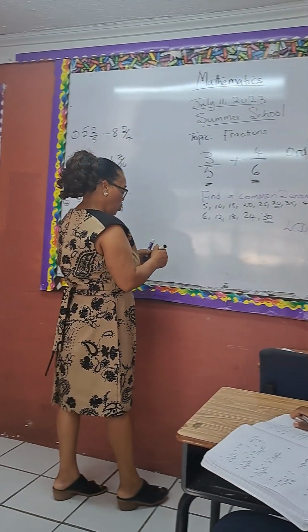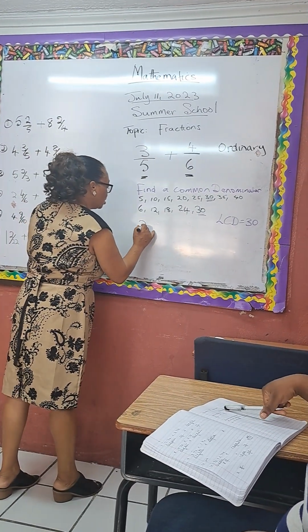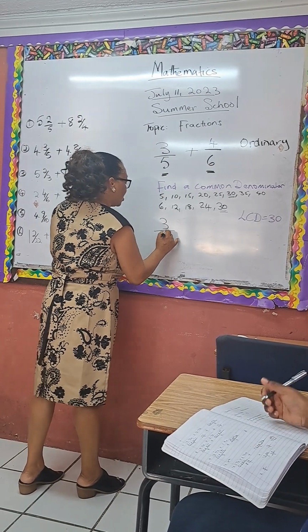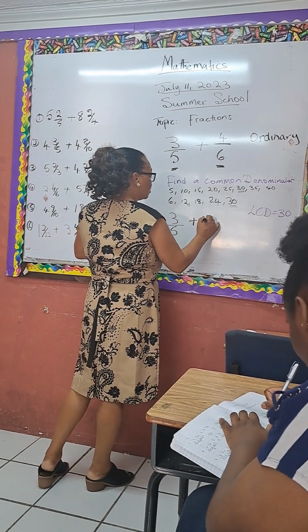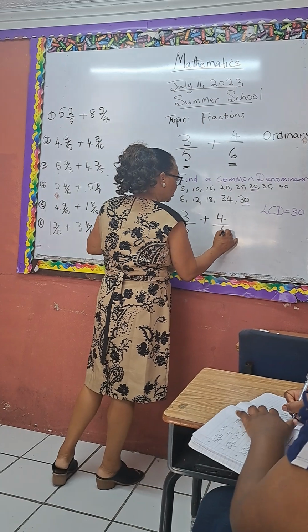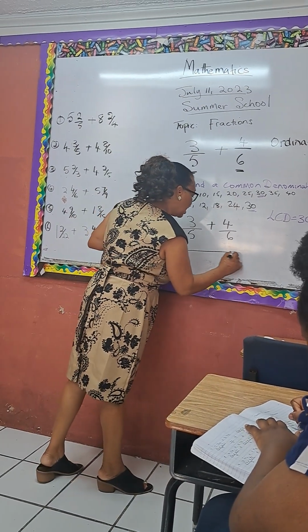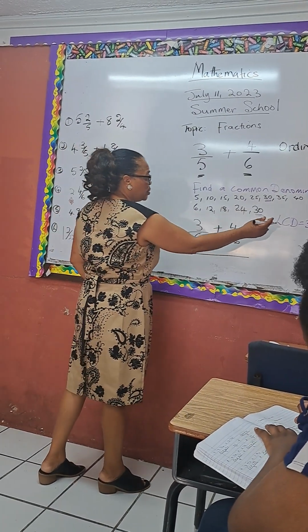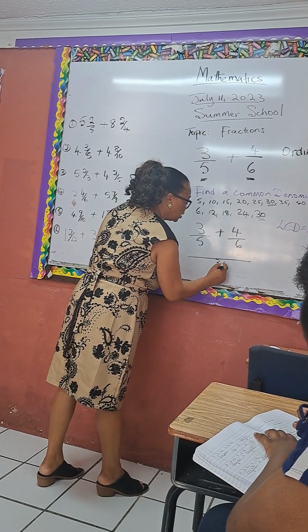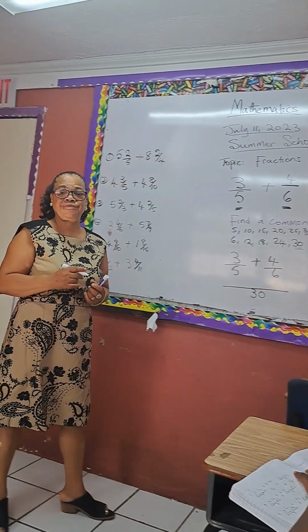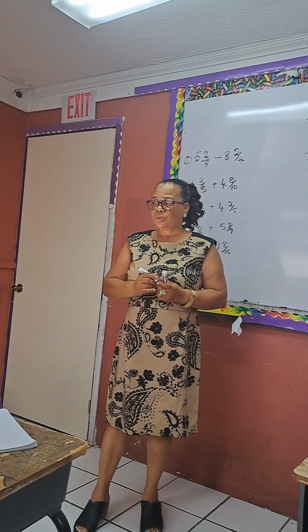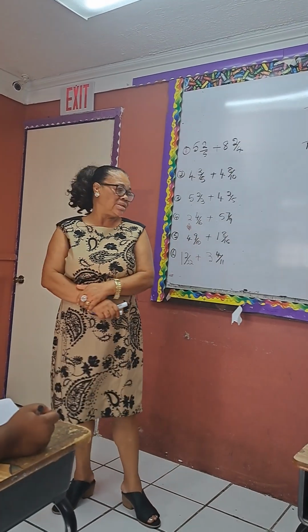So let me rewrite this fraction here. 3 over 5 plus 4 over 6. I'm going to put a line here, and I'm going to write below that line the lowest common denominator for 5 and 6. The lowest common denominator for 5 and 6 is 30.